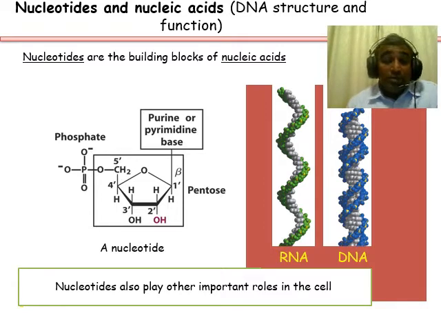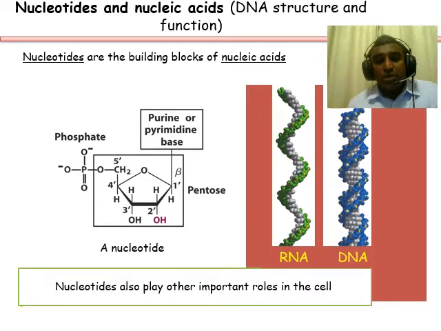And in terms of their nucleotides, there are only very little differences between the sugar as well as the base. But the phosphate is the same in RNA as well as DNA. So just to recap, the phosphate will be similar, either it's RNA or DNA.